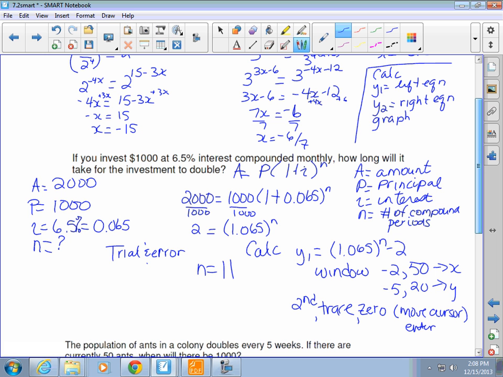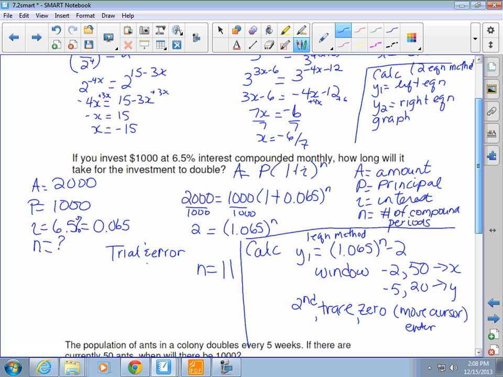Whichever method you use, if you're going to do 2 equations or the 1 equation method, so this is the 2 equation method up here, and this one here would be the 1 equation method.